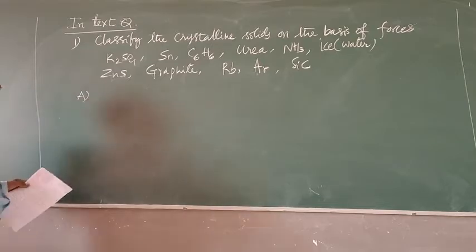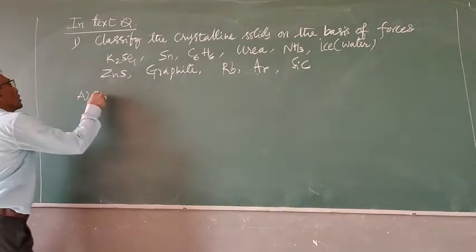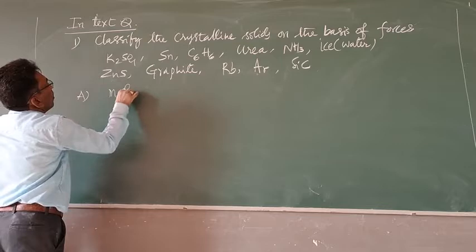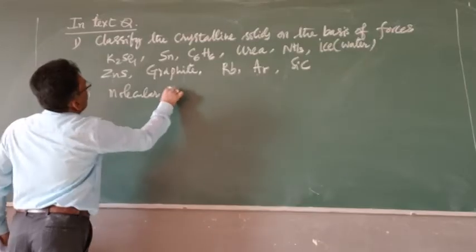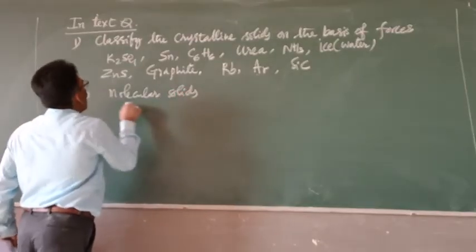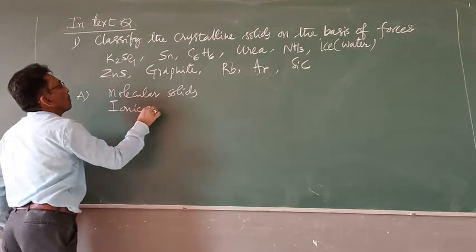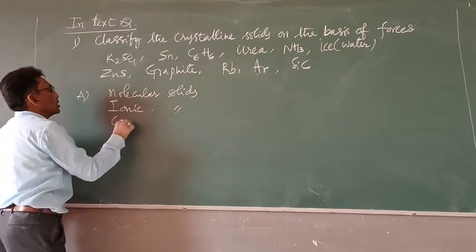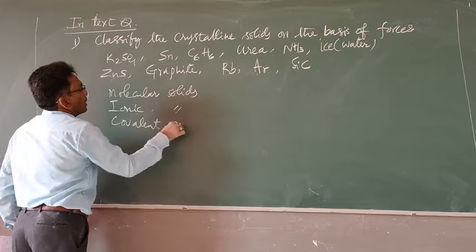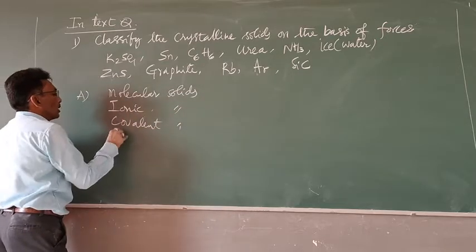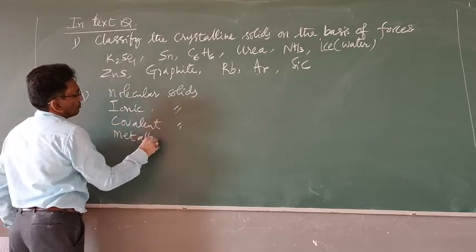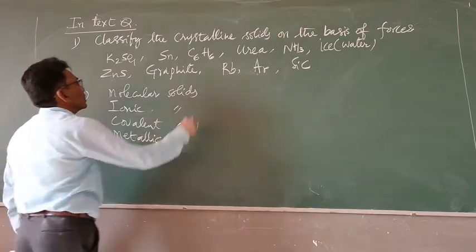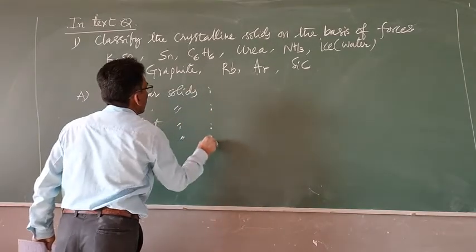Now let us have the answer. Some are molecular solids, some are ionic solids, some are covalent solids, some are metallic solids. Let us take them one by one.